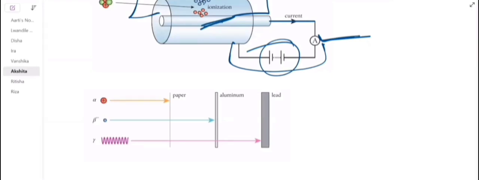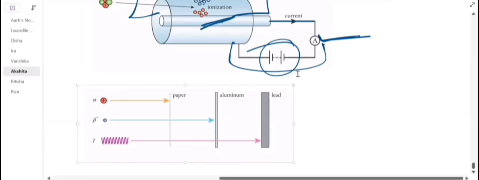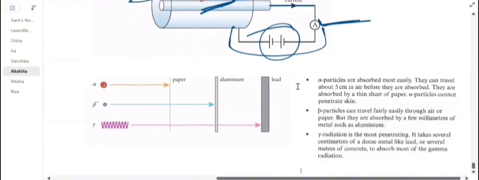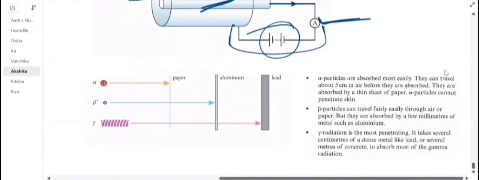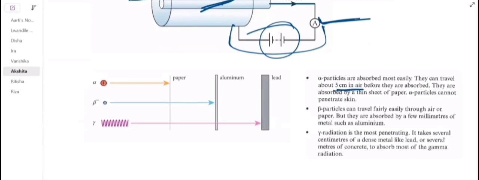Okay, now let me give you the exact data also for this. So here is the data that says that alpha particles are absorbed very easily. They can travel about 5 centimeter in air before they get absorbed. Okay.